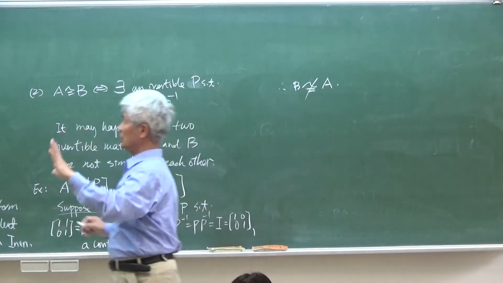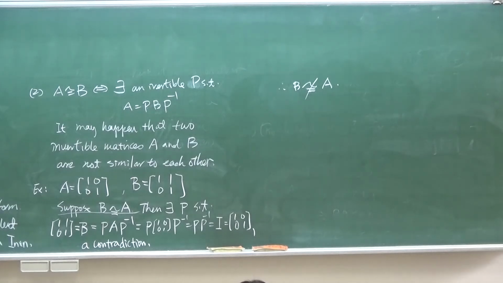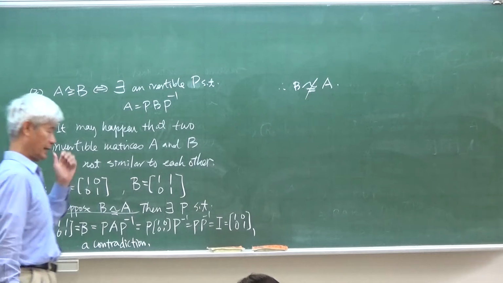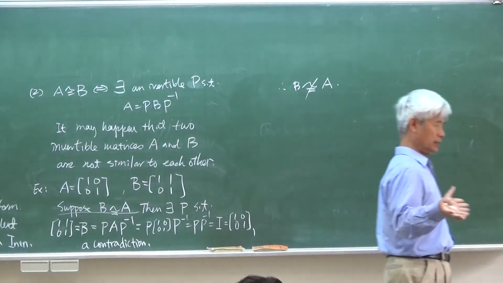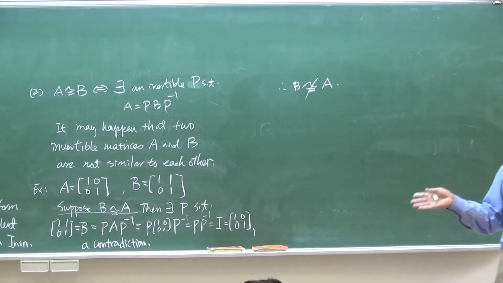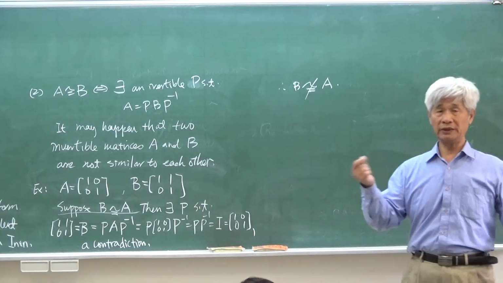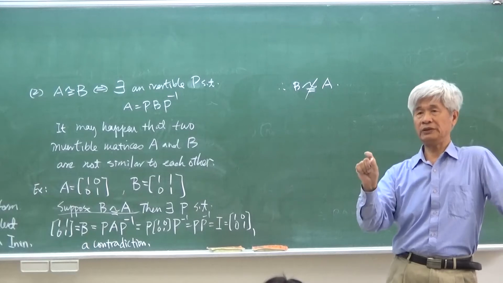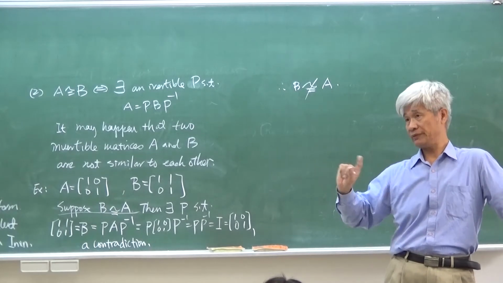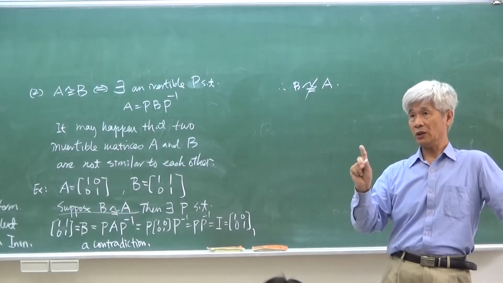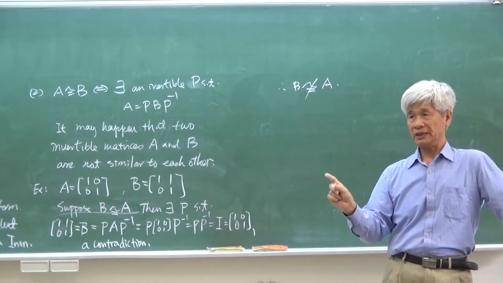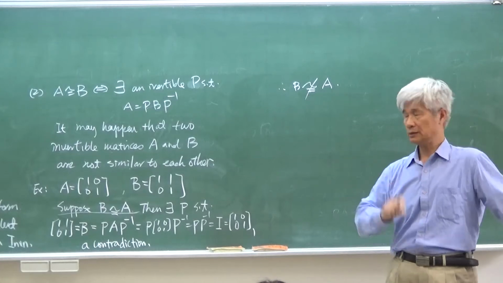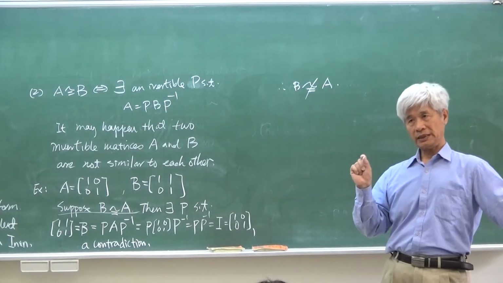Now, for any linear operator on a finite dimensional vector space V, if we choose two different bases, then the linear operator will have different matrix representations relative to the different bases. But we know these two matrix representations are similar to each other. What is the converse statement?